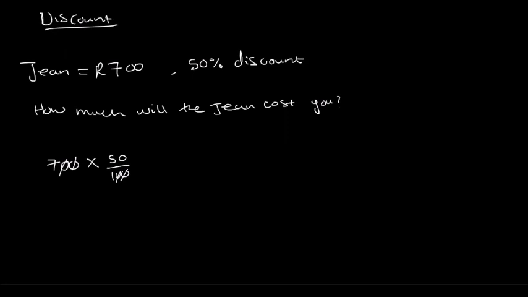You can just use a calculator. In this case, 7 times 5 is 35, so that will give you 350. So that means that's 50% of that. You got a 50% discount.